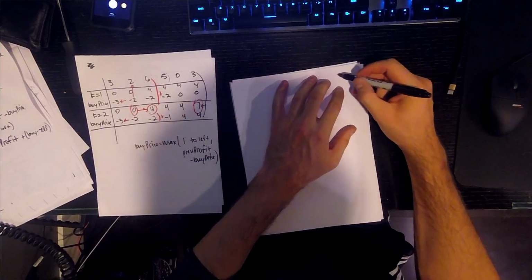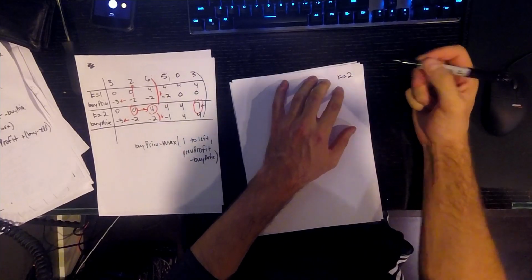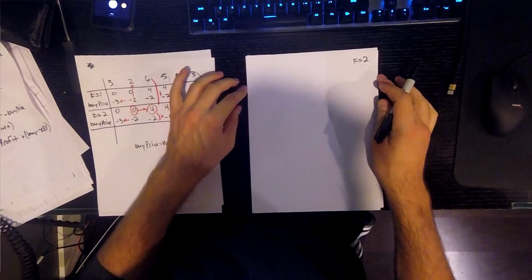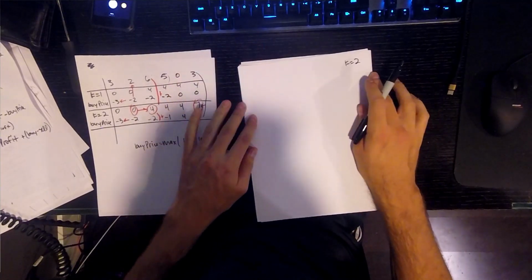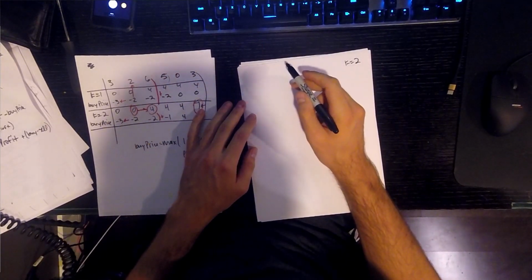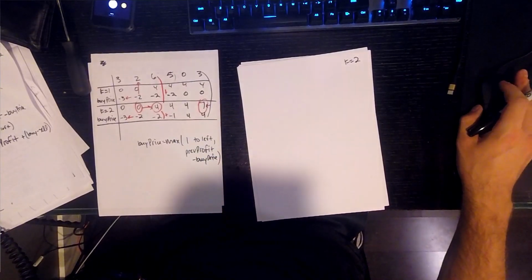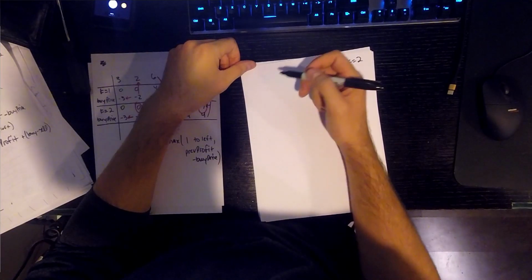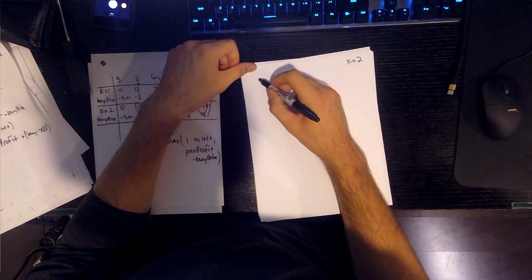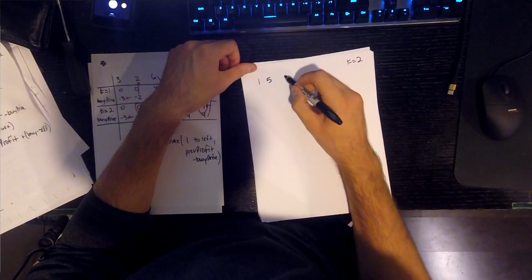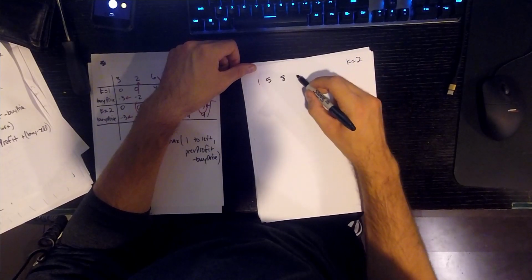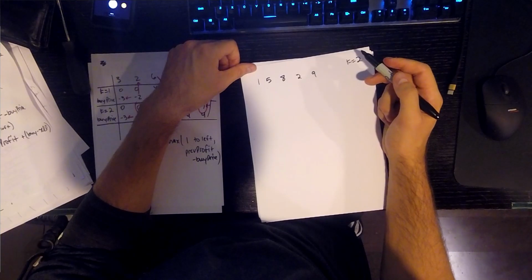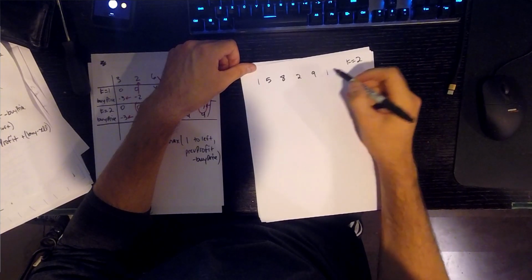So say k equals 2 again. And there's some test cases for k higher than 2, but I am too lazy to do too many of these. So let's take this. I'm just going to make this example up: 1, 5, 8, 2, 9, 1.